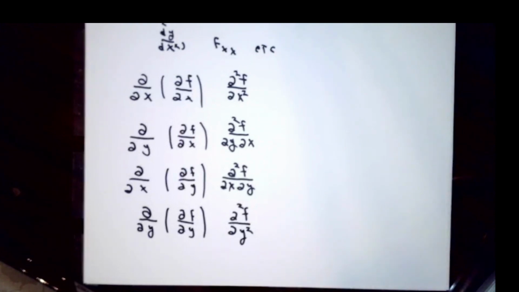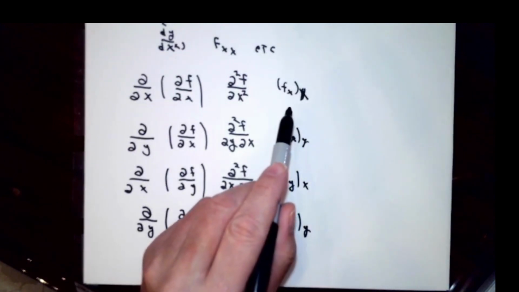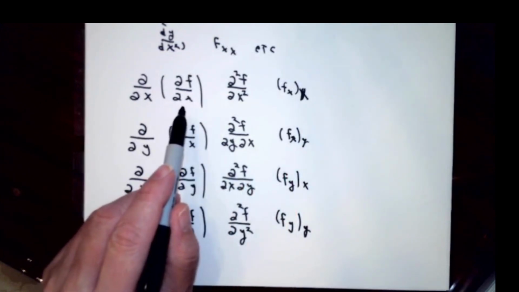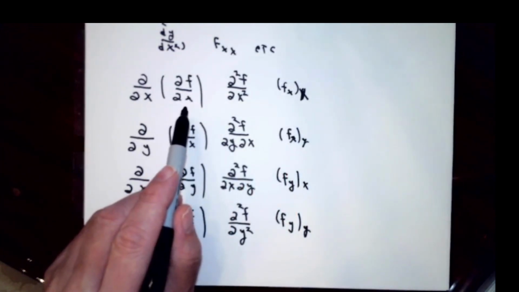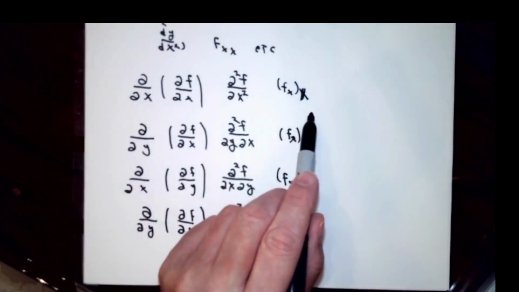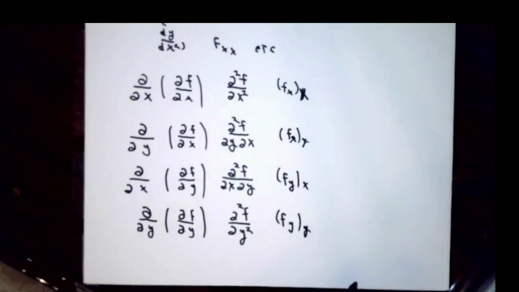There is an alternative notation that we can see also. If I wanted to be literal-minded about it, I could write f sub x as partial of f with respect to x, and then indicate that I want to do the partial derivative of that with respect to x by putting another subscript of x on.